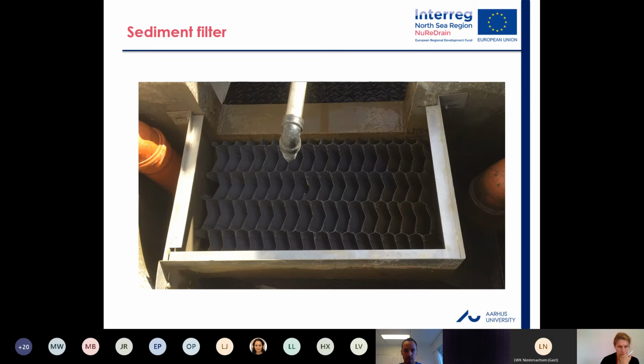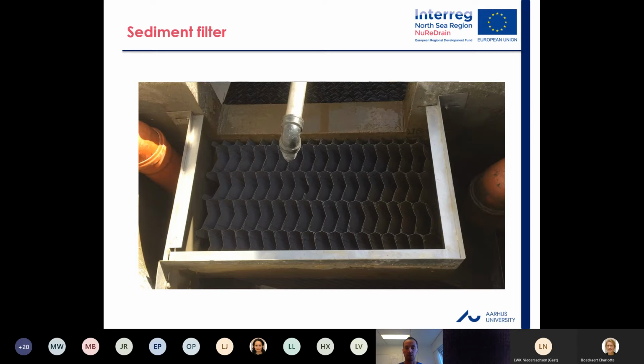Yes, this is a picture of our sediment filter. The sediment filter is one of the main components of our system. As you can see in this photo, the sediment filter is divided into two chambers. The water enters from the left. You can see this orange pipe.